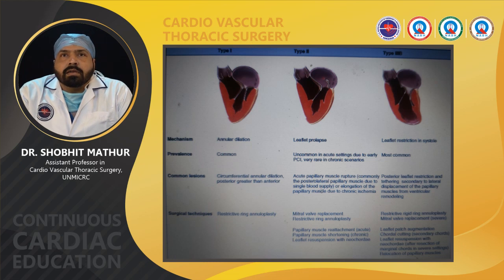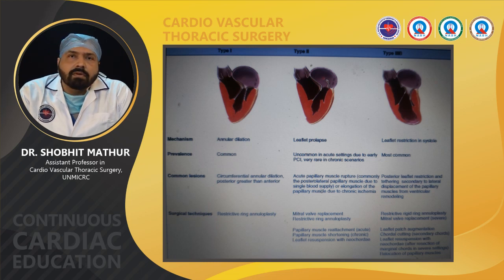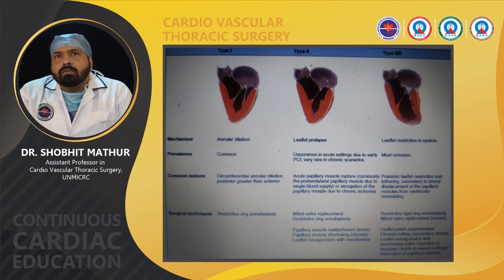Leaflet prolapse is due to acute papillary muscle rupture, commonly the posteromedial muscle rupture, due to single blood supply. If we go through the anatomy, we all have studied that there are two commissures of the mitral valve, anterolateral and posteromedial. The anterolateral commissure is supplied by branches from the LAD and from the circumflex.